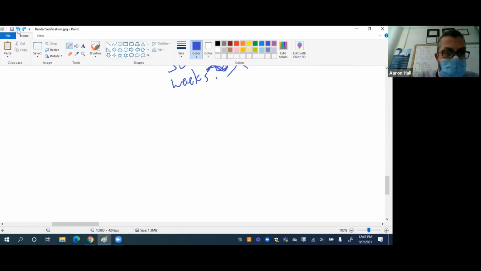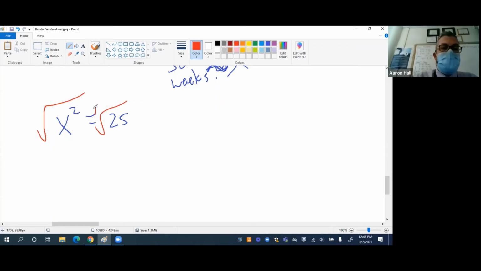If I have x squared equals 25 and we want to solve for x, what's the inverse of something squared? The square root. You just remember plus or minus, these go away and we're left with x equals plus or minus 5.